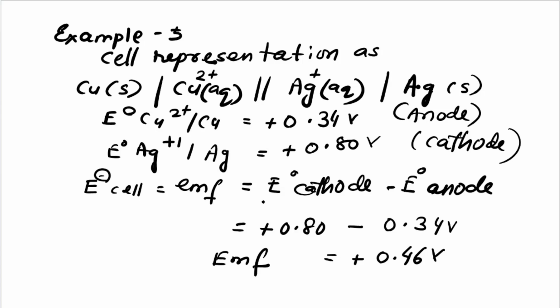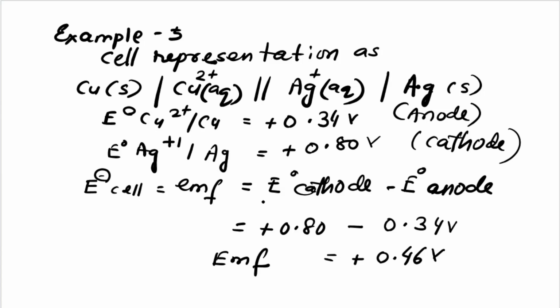When you see the anode value and cathode value given, and cathode is higher than the anode, you are sure that copper is 0.34 voltage, that is anode, whereas silver is given 0.80 voltage, that is cathode. So cathode, I told you, is always higher than the anode.